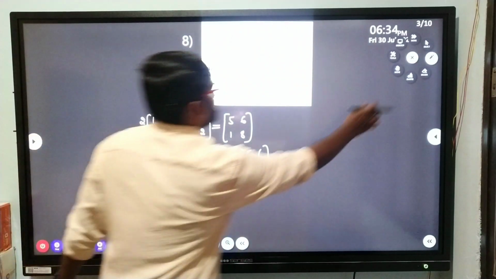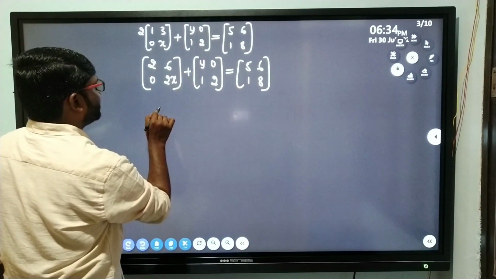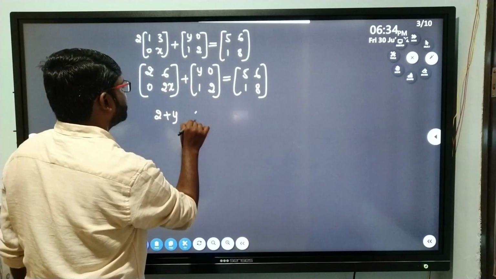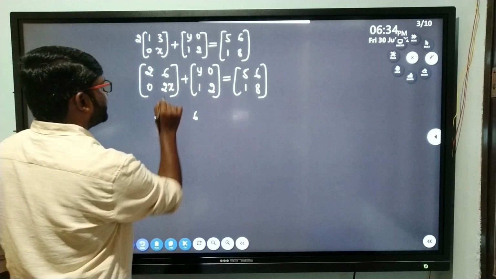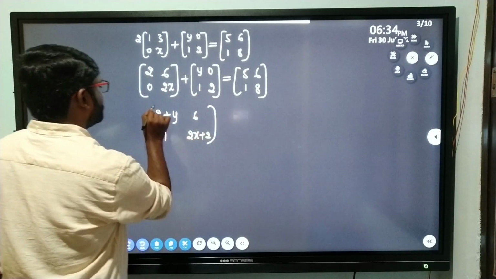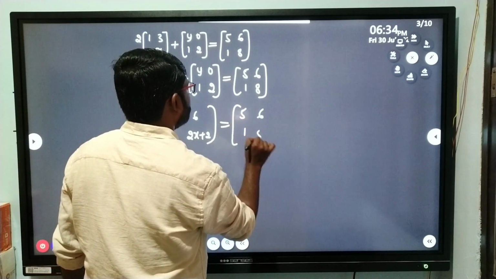So what do we get? Now 2 plus y, then 6 plus 0, it is 6, then 0 plus 1, it is 1, 2x plus 2, is equal to [[5,6],[1,8]].